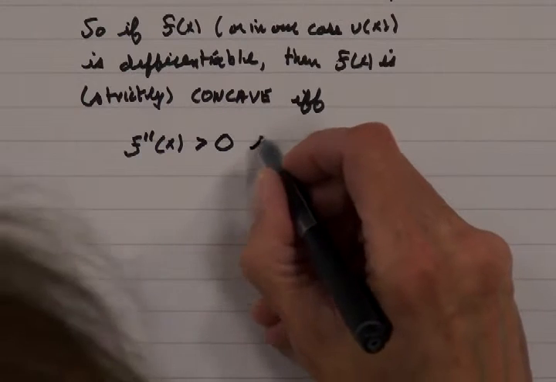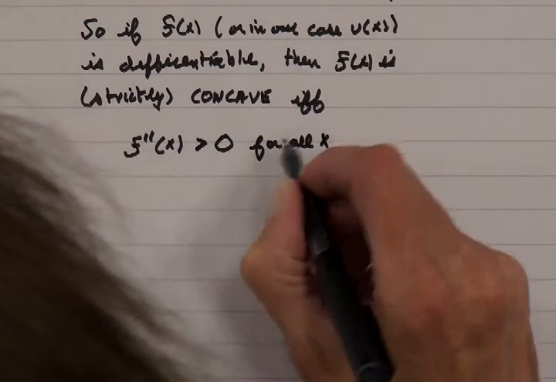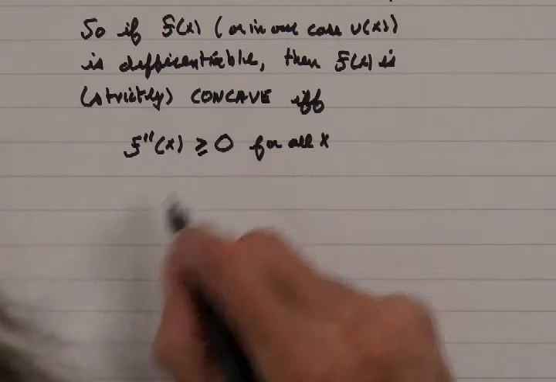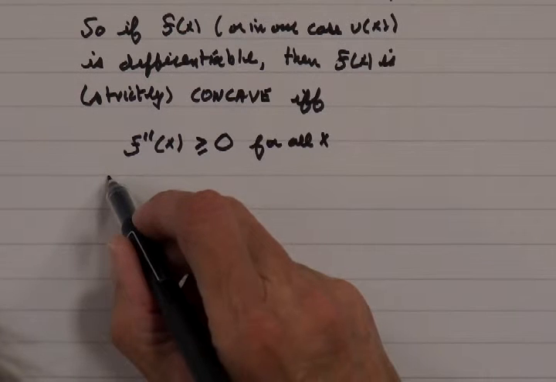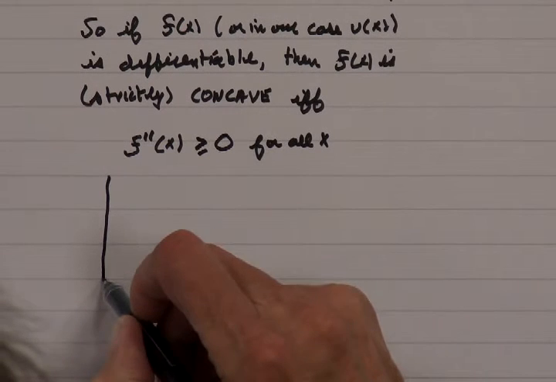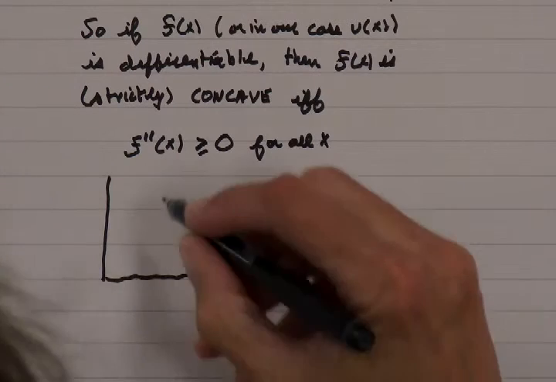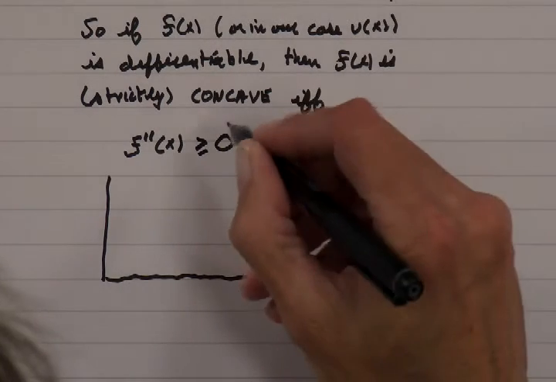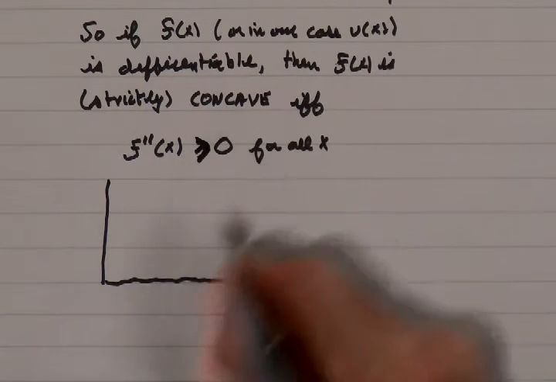And this is for all x. Okay, so let's look at this. Let's look at a concave function. Let's just make this greater than 0, because it's strictly.